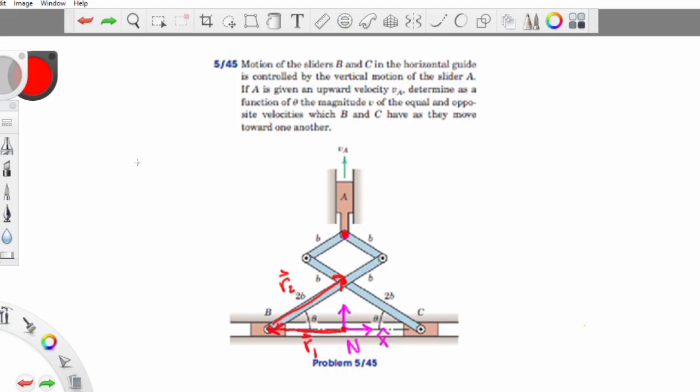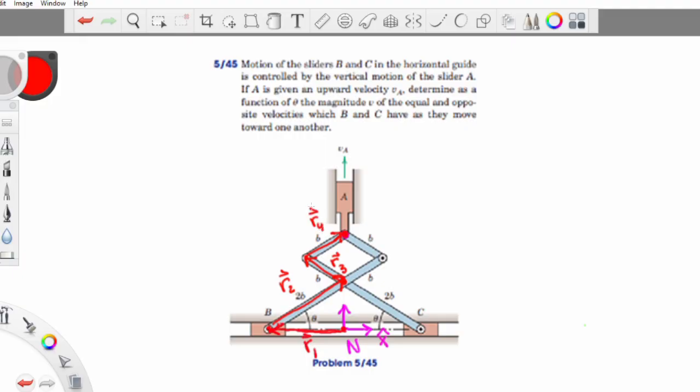Then we can create a vector from this point to the next joint, which has magnitude b, and the direction also relates to the same angle theta, which we will see later. I will call this vector R3. And finally, we can write a vector that goes from this point to our point of interest, and I will call this vector R4.